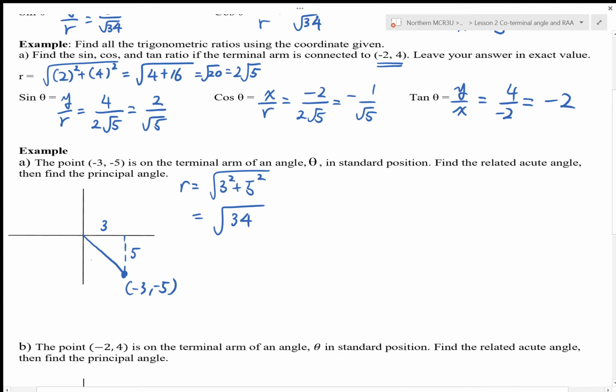So we know that r is now the square root of 34. Then we know that our sine theta ratio is going to be -5 over the square root of 34. The square root of 34 we cannot simplify, that's why I'm not simplifying this. Then cosine theta is -3 over the square root of 34.